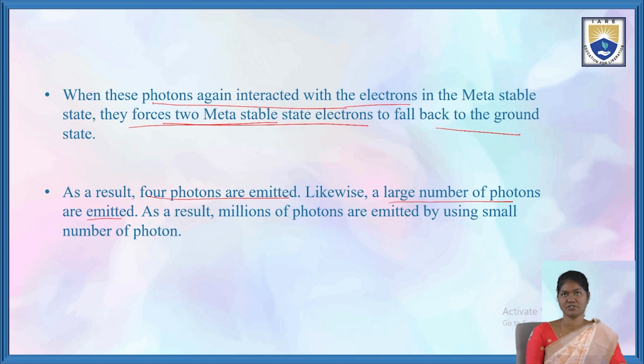Likewise, stimulated emission occurs, and a large number of photons are emitted. In this way, millions of photons are emitted by using a small number of photons. So 1 to 2, 2 to 4, 4 to 8, and likewise we get millions of photons from a small number of photons.